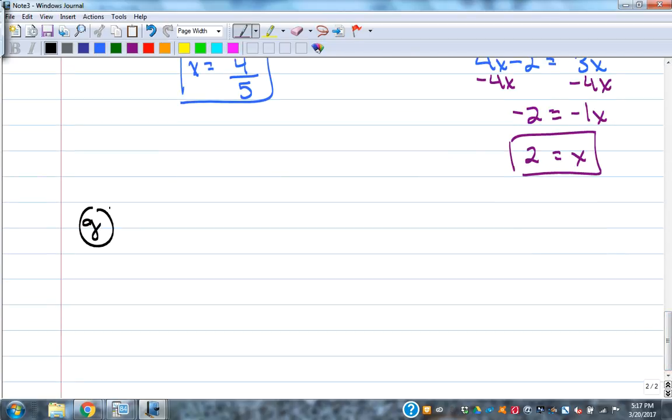Example G. 1 over 27 is equal to 9 to the 2x. This one gives folks a fit a little bit too, because of the fraction involved. How are 9 and 27 related exponentially?